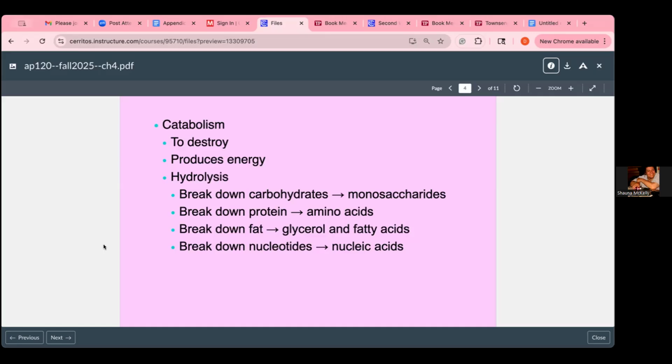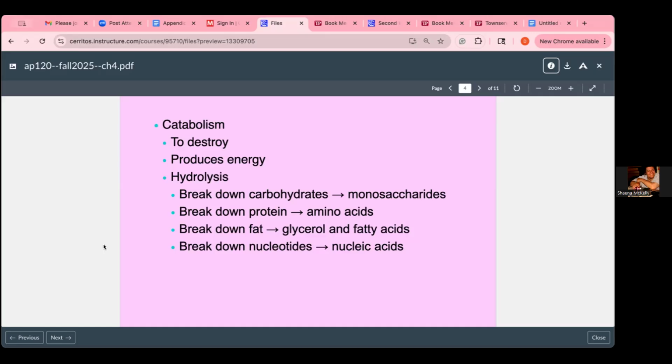Now, the next part of this is catabolism, which is breaking down molecules, and that's by a process that we call hydrolysis.